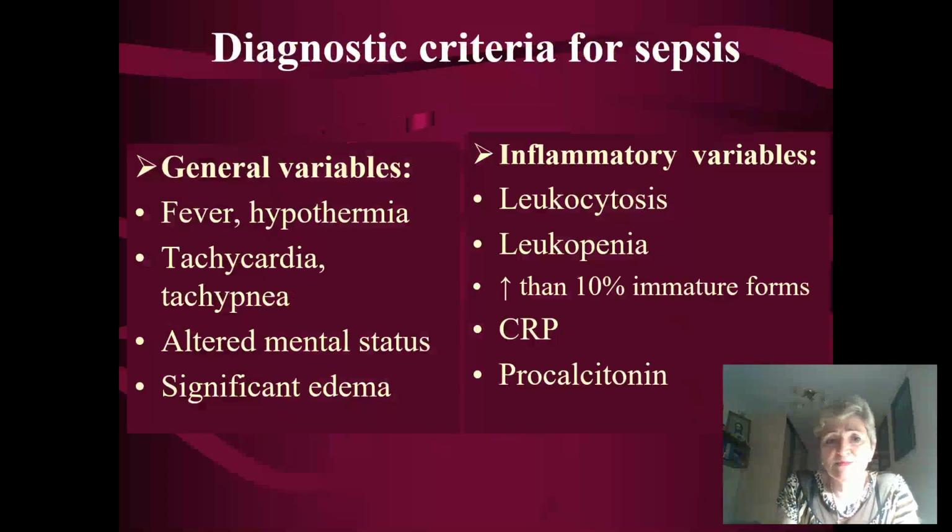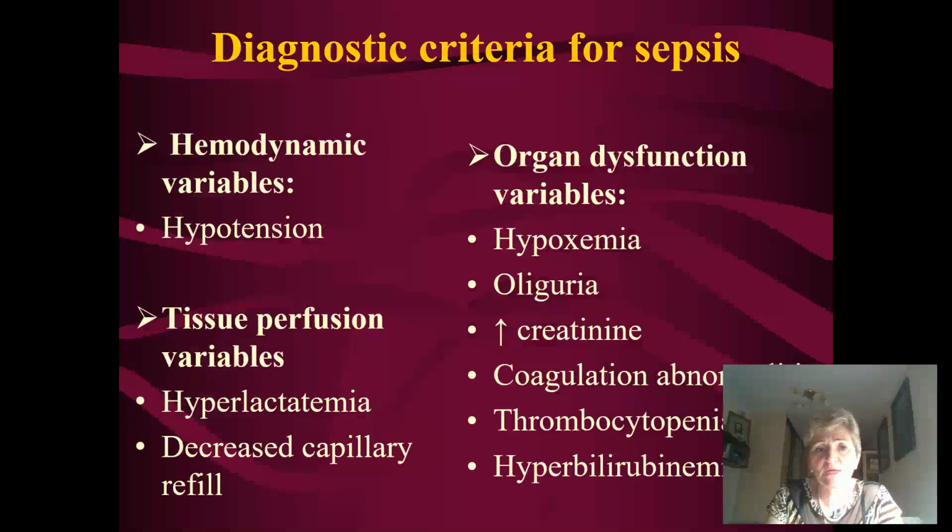Diagnostic criteria of sepsis. When you reveal general variables, temperature instability, tachycardia, tachypnea, altered mental status, and significant edema. Inflammatory variables, leukocytosis or leukopenia, more than 10% immature forms, C-reactive protein, and procalcitonin.